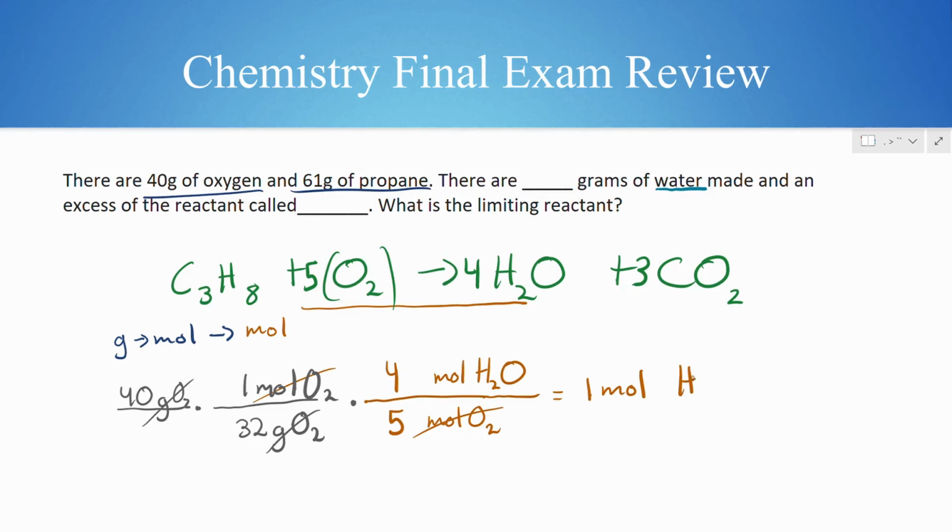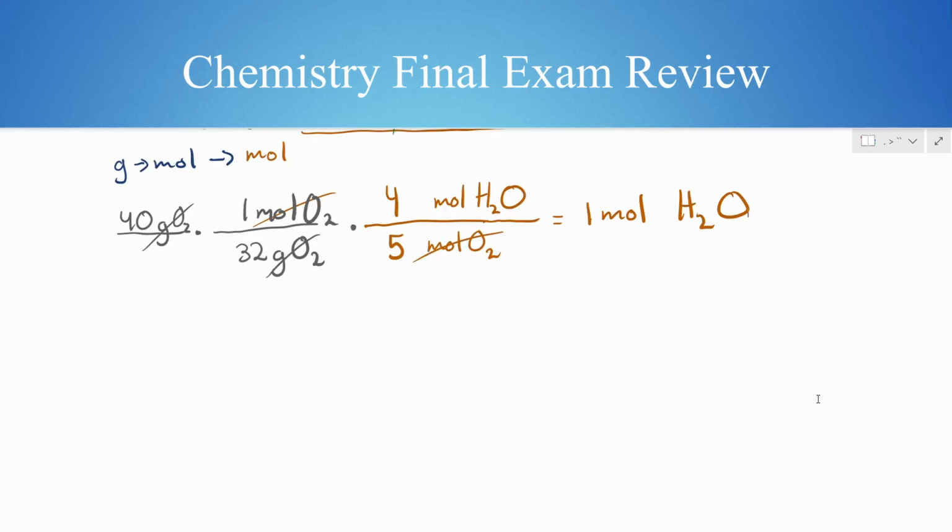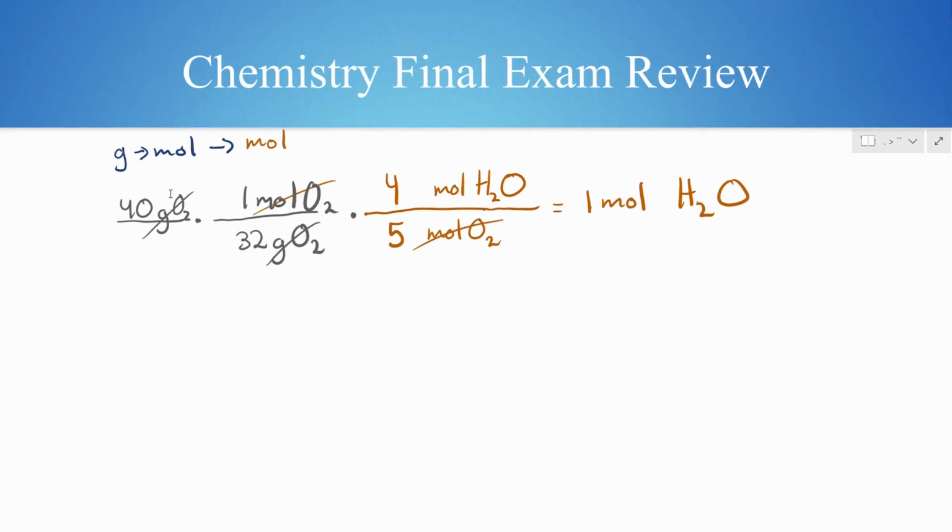Alright, now let's see how much water we can make with 61 grams of propane. Alright, so for this, we need to convert these 61 grams of propane, C3H8, right, to moles of water. So similar process, we're going to go from grams of propane to moles of propane to moles of water.